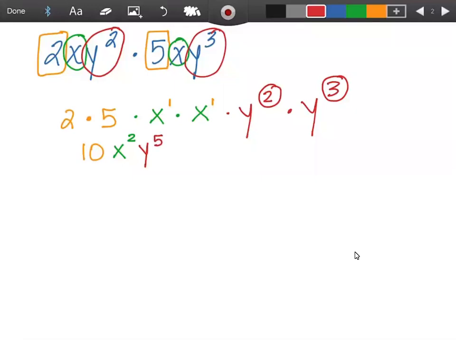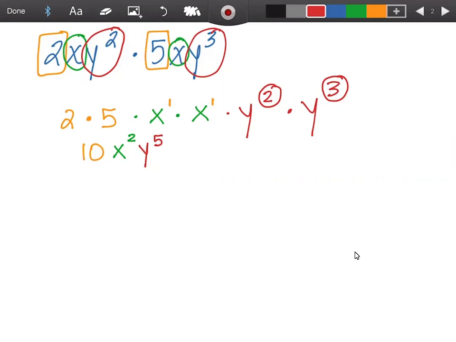So what I did was I looked for the terms and I grouped each term. The constants 2 times 5 is 10. X to the first power times x to the first power, I kept the x and then I added 1 plus 1, which is 2.